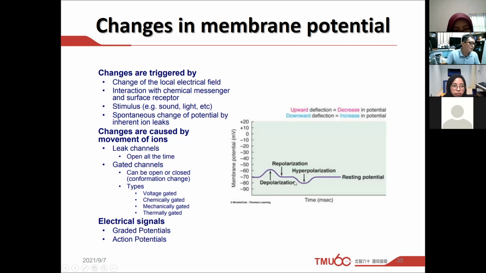This kind of message allows the neuron cells to pass their signal from the cell body to the axon and to the tips of the axon. Okay, and it will send a message on, then coupled with the final step, synapses. That's the reason why we have to learn membrane potential.